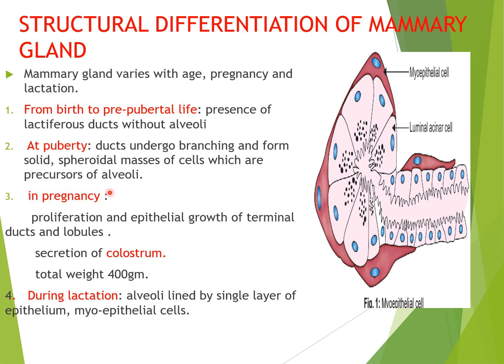So this is at puberty. You see that the ducts are undergoing branching, and the branches form the solid spheroidal masses of cells which are precursors of the alveoli, or the acinar cells of the mammary gland. Then in pregnancy, during this period, you see further proliferation and epithelial growth of the terminal ducts and the lobules.